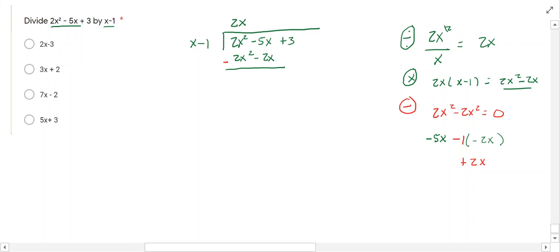And then this is minus 5x. So if we're on minus 5x and we add 2x, that's going to be equal to minus 3x. This is what's called a double negative. Sometimes you'll be told to just change the signs, and that's fine.